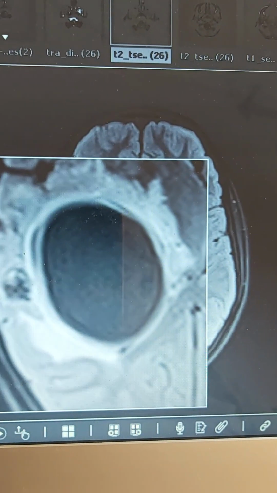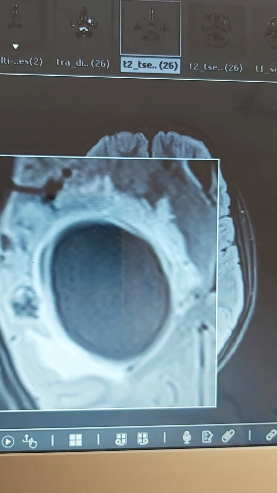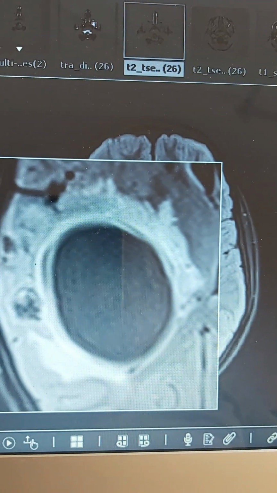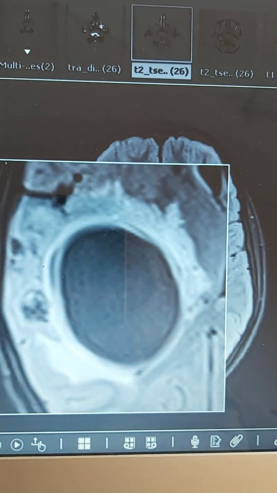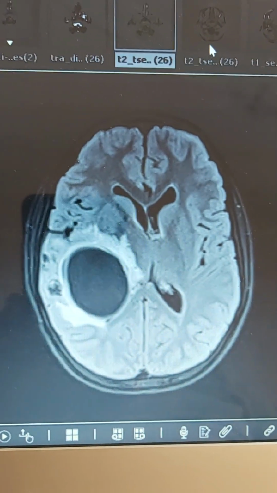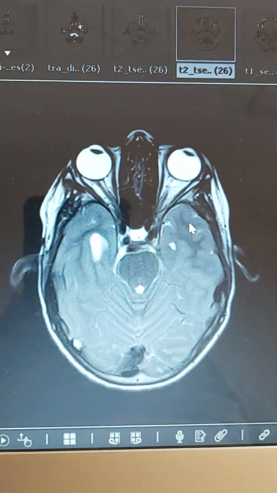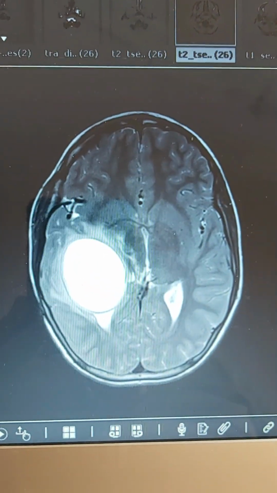When you look inside, you will see that there is a thinner inner membrane inside, which means that it is a cyst inside a cyst, which is very characteristic for hydatid, not arachnoid.